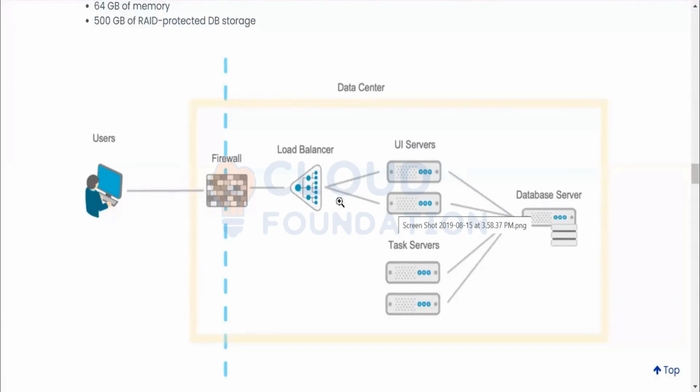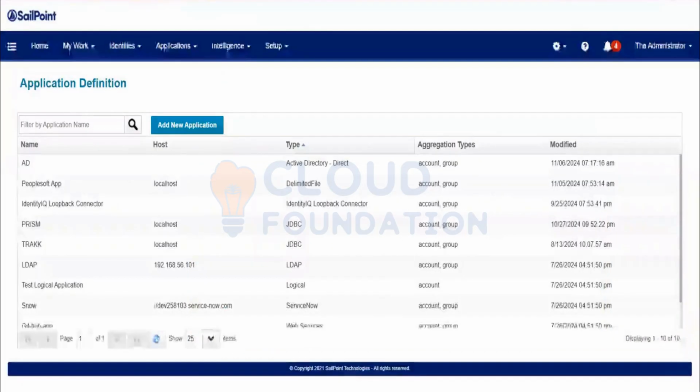The external load balancer will focus only on the UI server. Because obviously users are going to access the application, all the business people, all the users from the organization. When they access this application, there are more chances the UI server may crash.